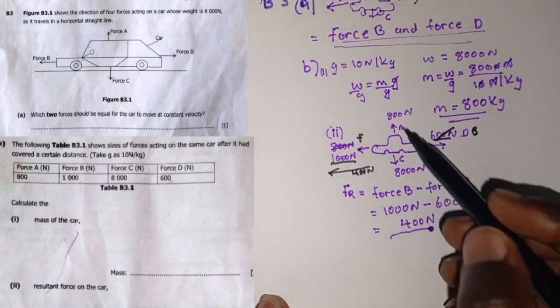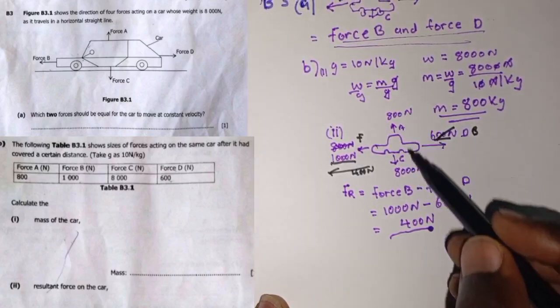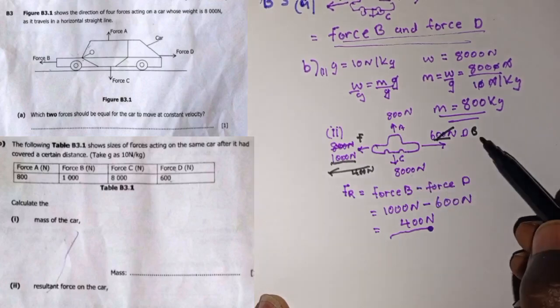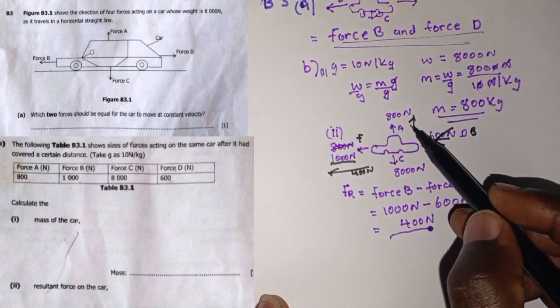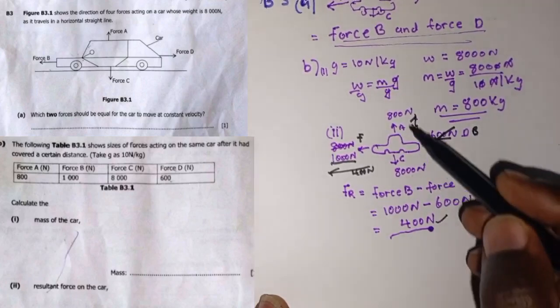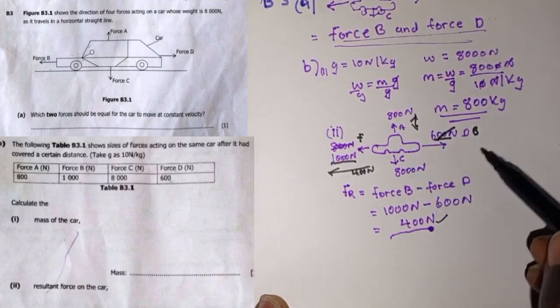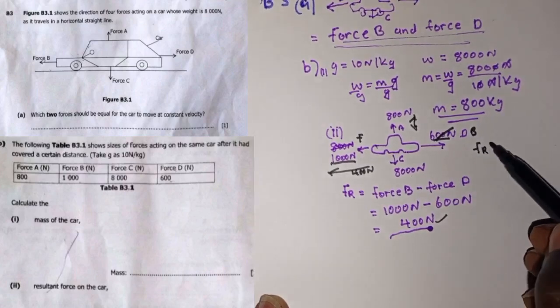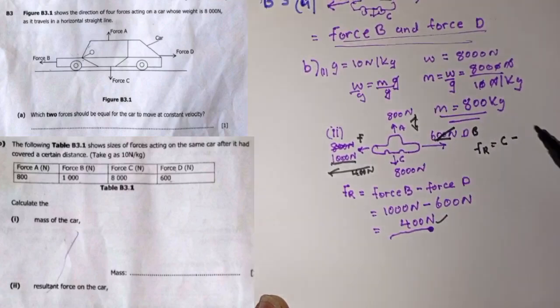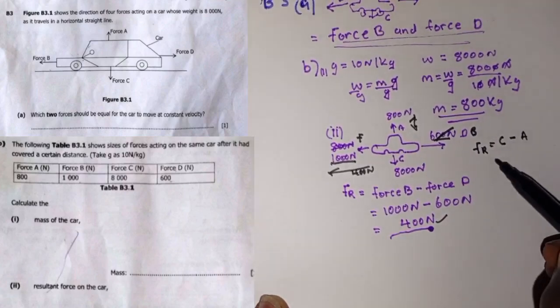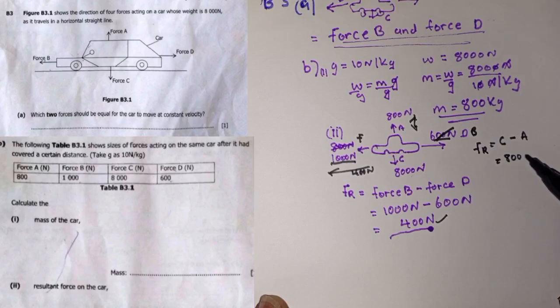Though you can also find the resultant in the vertical direction. The resultant force here will be the force acting downwards, C, minus the force acting upwards, A. You have 8,000 minus 800.